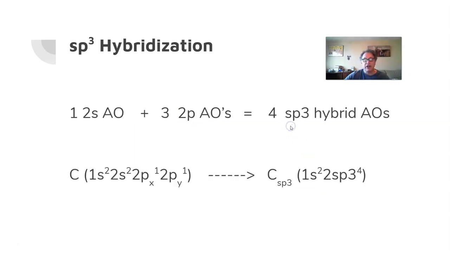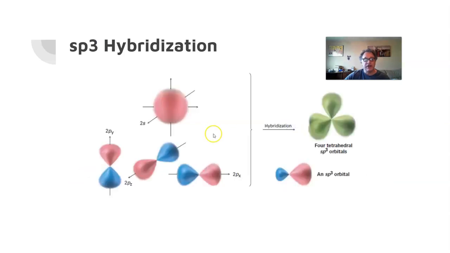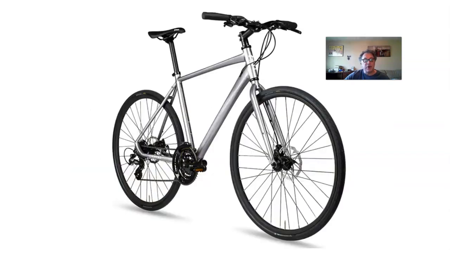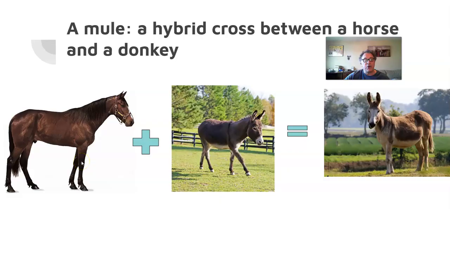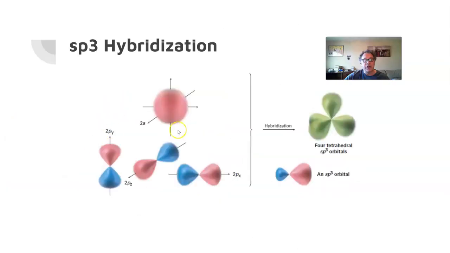And what does this look like? Well, it looks like this. One 2s and 3 2p orbitals combine. These are mathematical functions, and you can combine functions. That's what this LCAO, linear combination of atomic orbitals, is all about. That's exactly what's going on here.